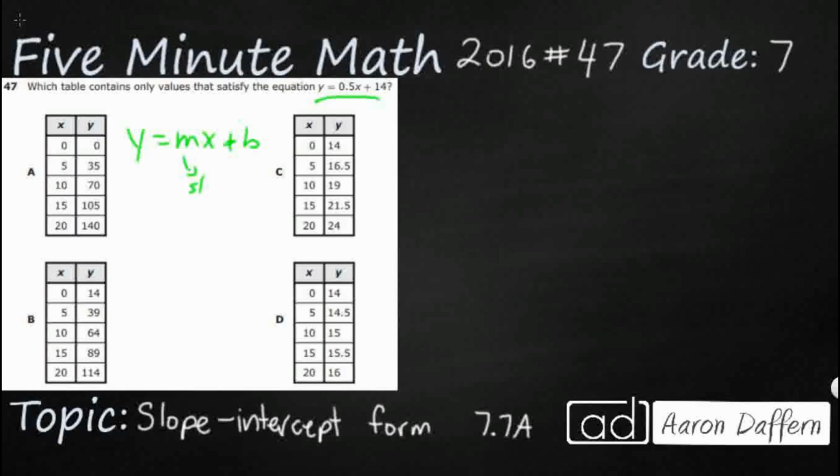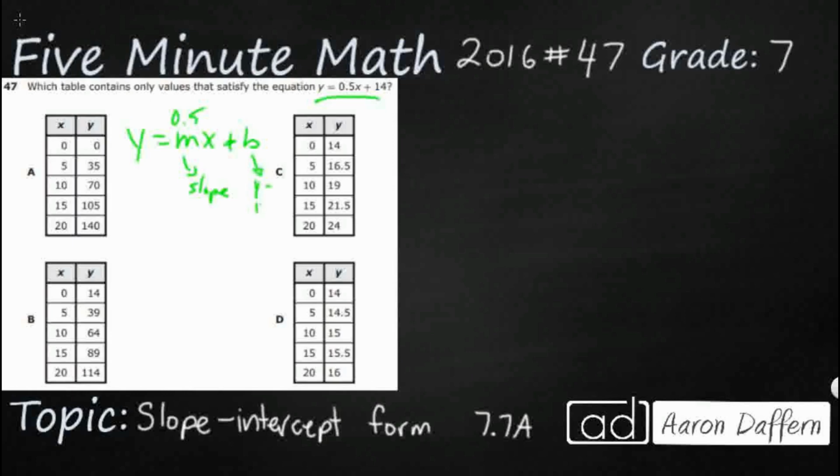So if we wanted to put this in a graph, since it's a positive slope, it's going to be sloping up to the right, but it's going to be a very shallow slope because for every x that it goes over, it's only going to go up a half, right? That's 0.5. And then this b, that's our y-intercept.